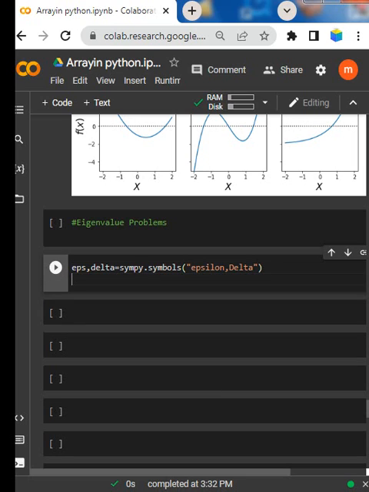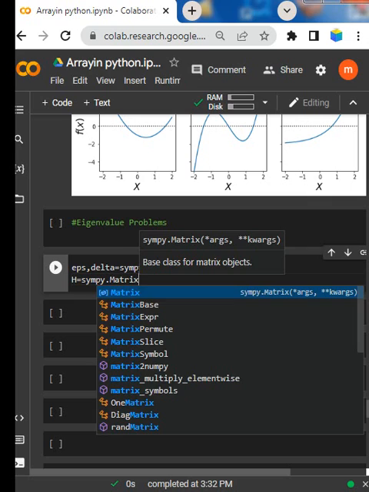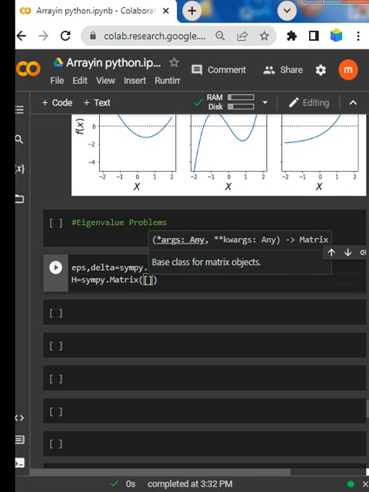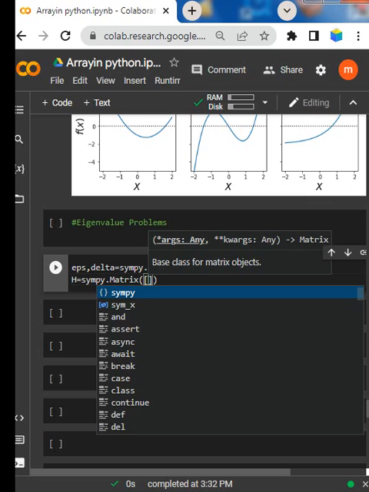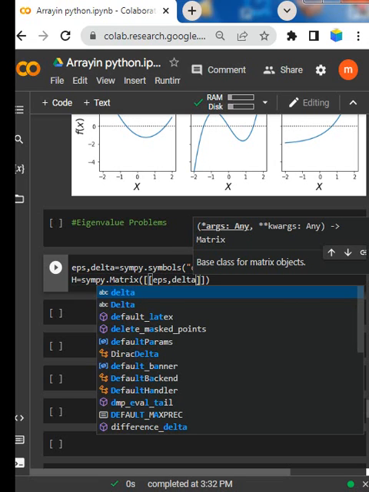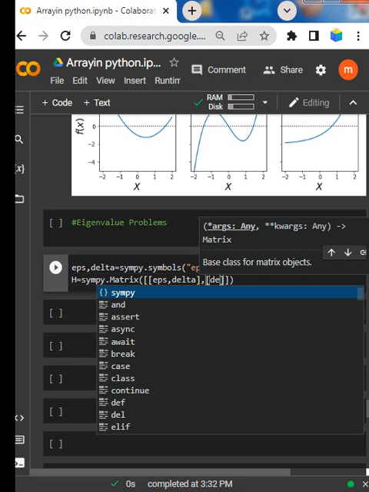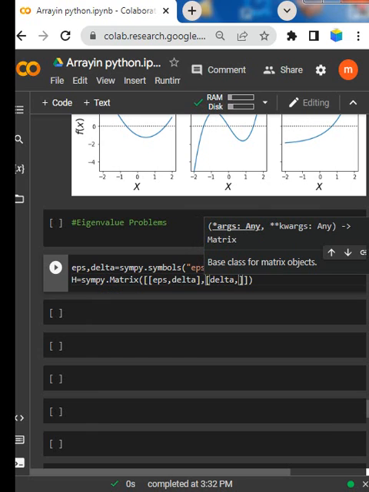Next I am going to create another variable, H equal to sympy.Matrix, and we can write eps, delta in one row, and another row delta, minus eps.